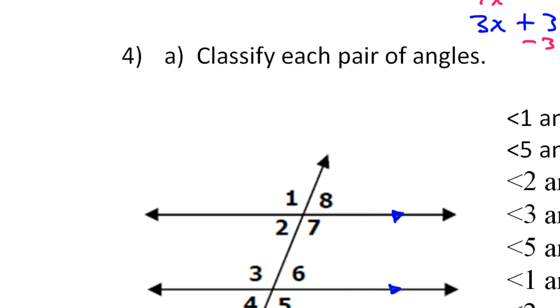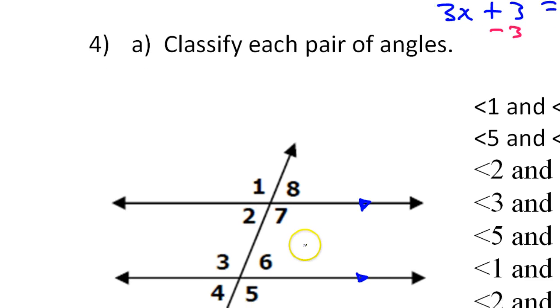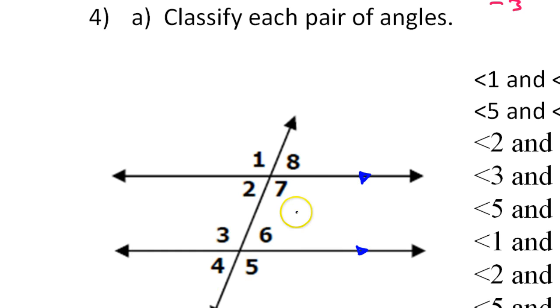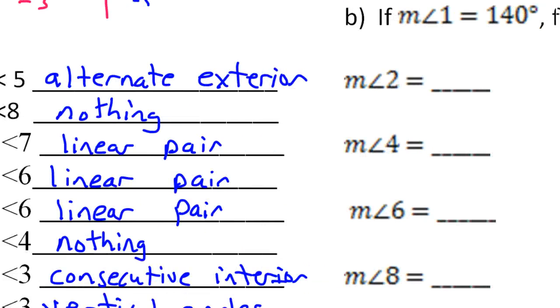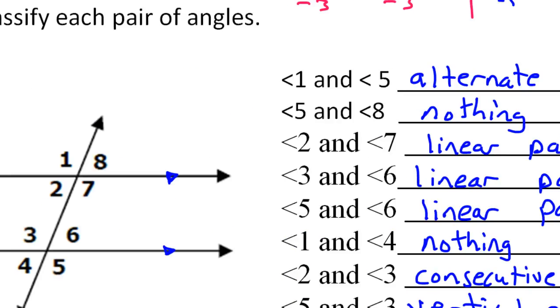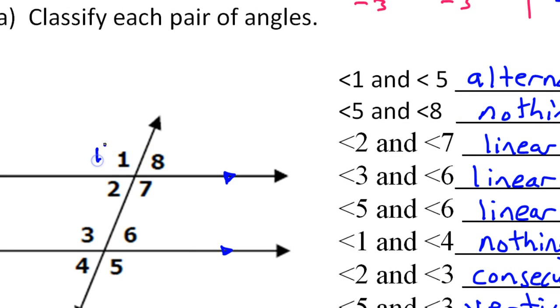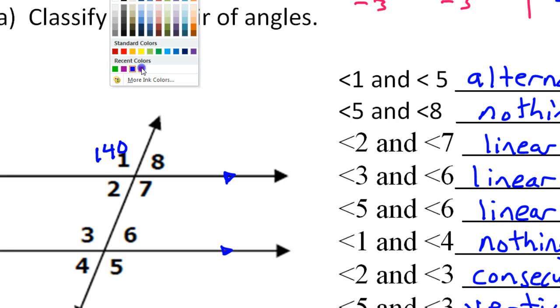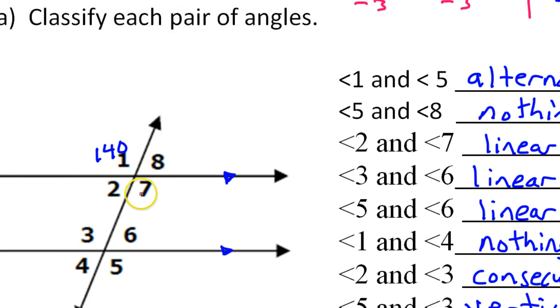Okay, now they're parallel. So basically, if these lines are parallel, all of the acute angles are going to be congruent, and all of the obtuse angles are going to be congruent to each other as well. So if angle 1 is 140, then all of the obtuse angles are going to be 140.